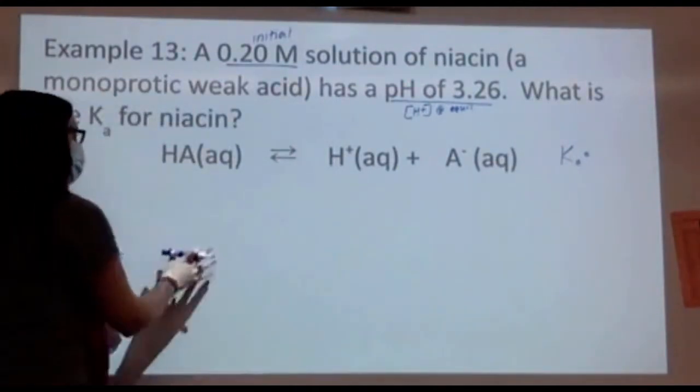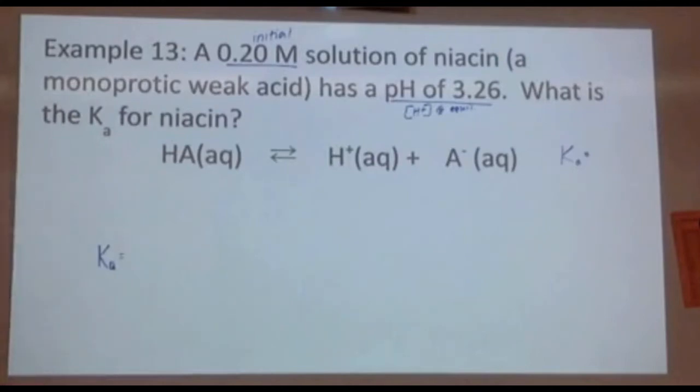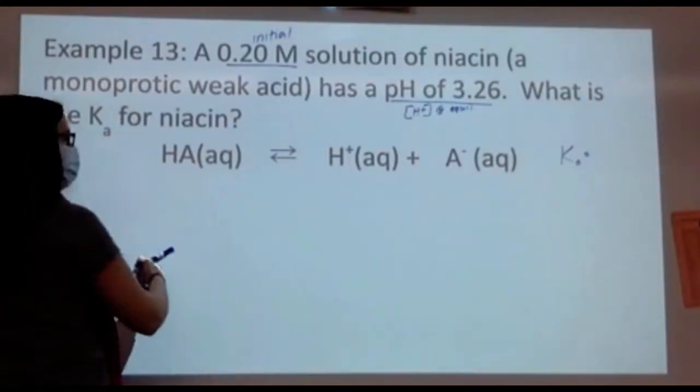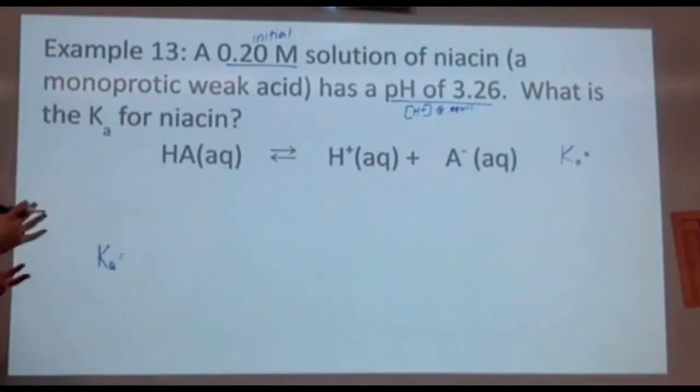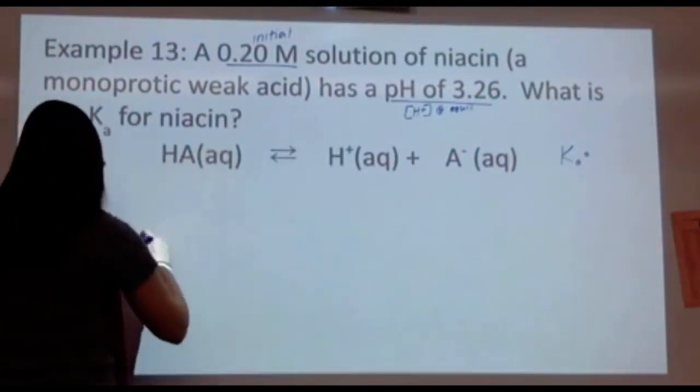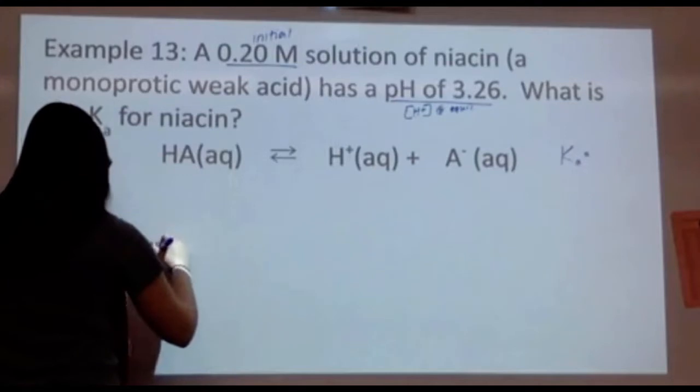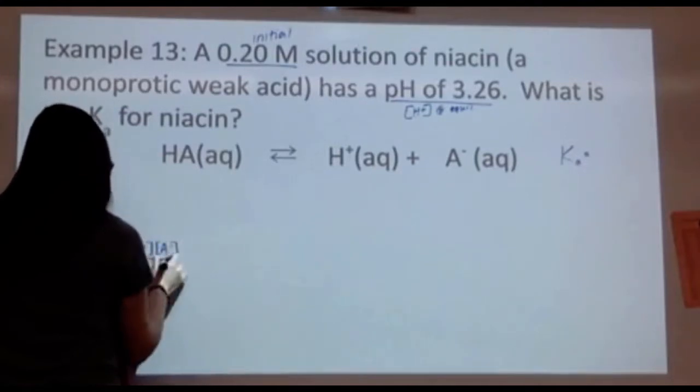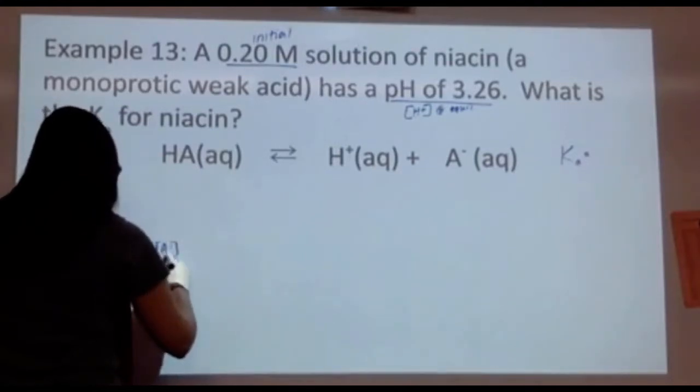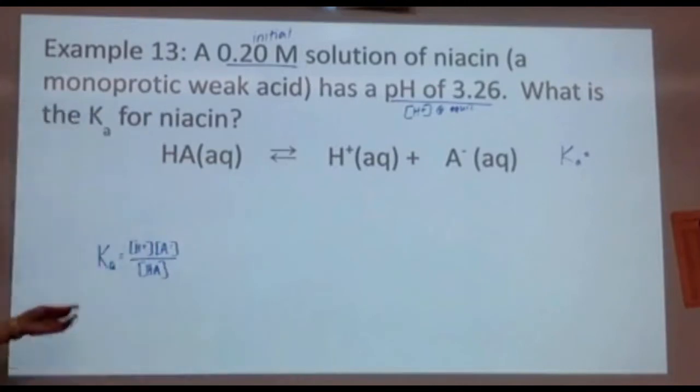But what I want to do first is write the equilibrium expression, the Ka expression. Equilibrium is products over reactants, so H plus times A minus over HA. In order to calculate Ka, this is an equilibrium expression, so we need equilibrium concentrations.